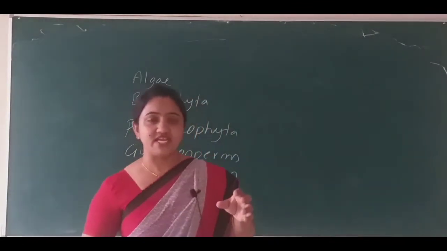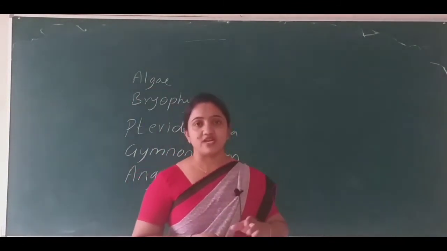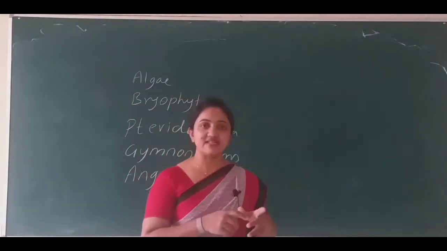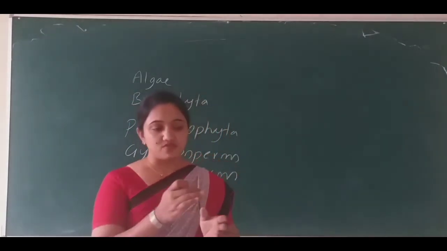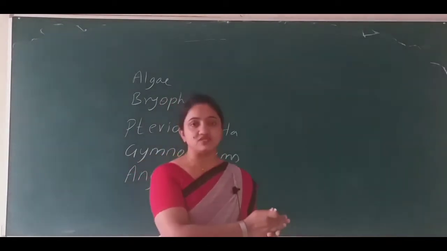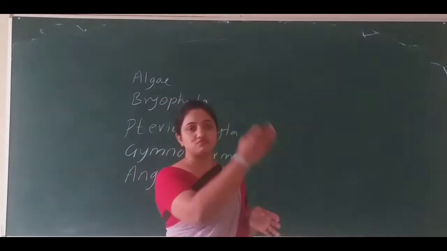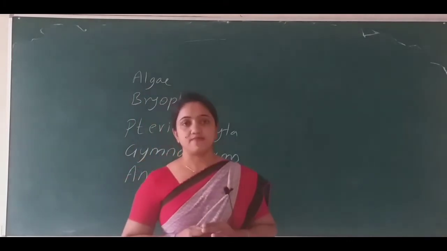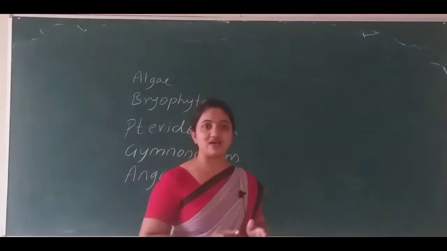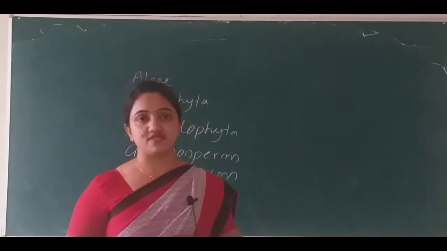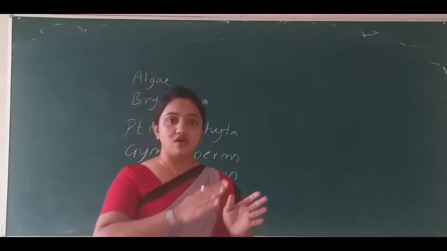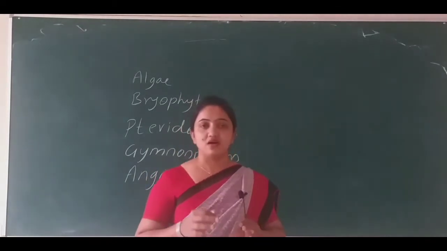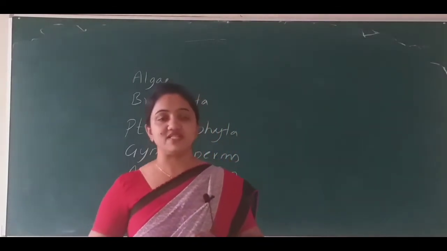Because of that nature, Spirogyra is used commercially. Next, you might have seen in the oceans large plant bodies present underwater, and those are nothing but kelps. So right from unicellular to multicellular species are present in the algae.